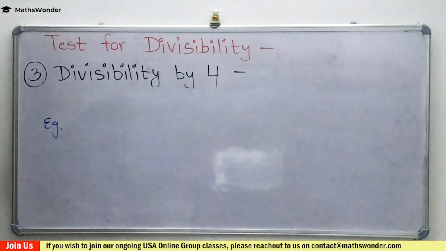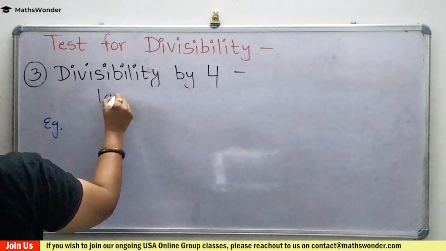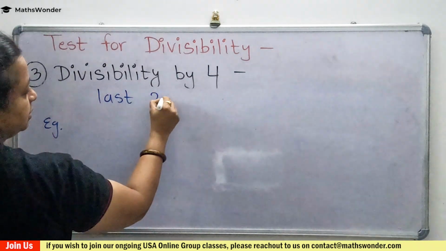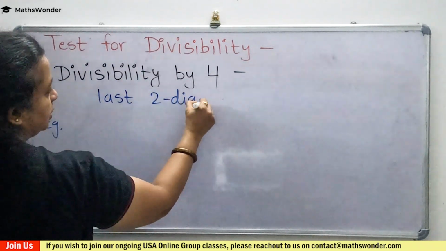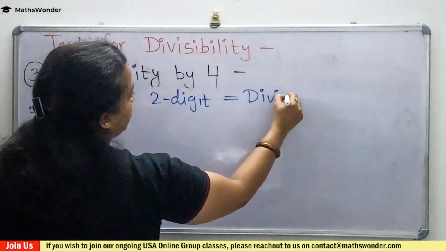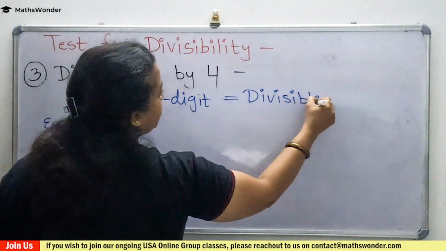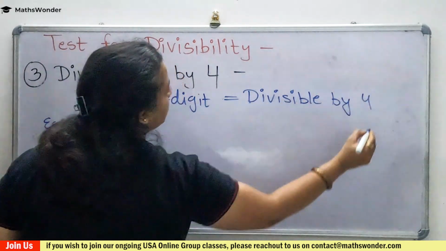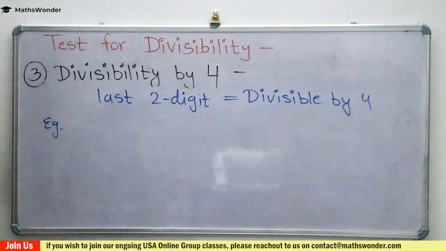So, divisible by 4 is when a number is divisible by 4 if the last two digits of the number are divisible by 4. You have to check the last two digits. If the last two digits are divisible by 4, that means your whole number is divisible by 4.